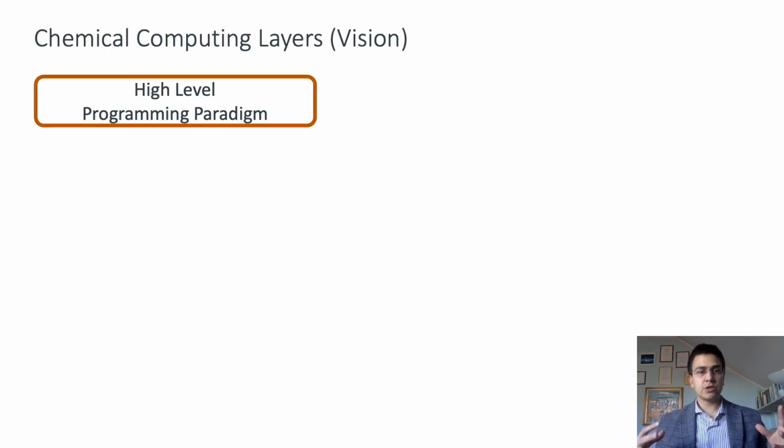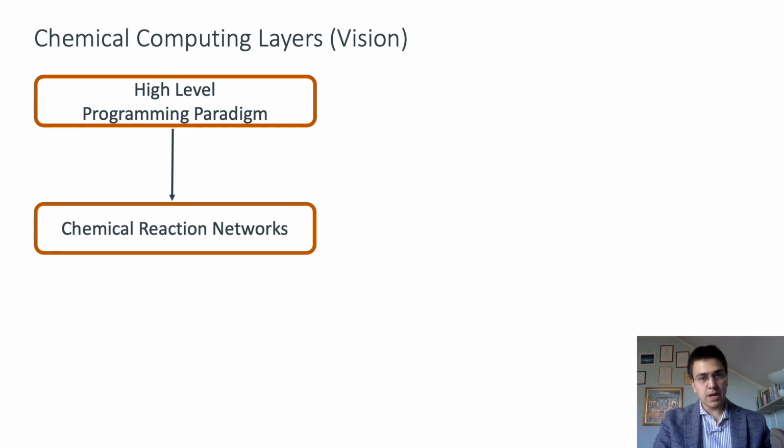Now, I imagine that in designing chemical computation, we will have different layers of abstraction similar to what's currently found in electronics. At the top, we'll have a high-level programming paradigm that makes it intuitive for a user to specify desired intent. Then we need a compiler from that level to a level of chemical reactions.